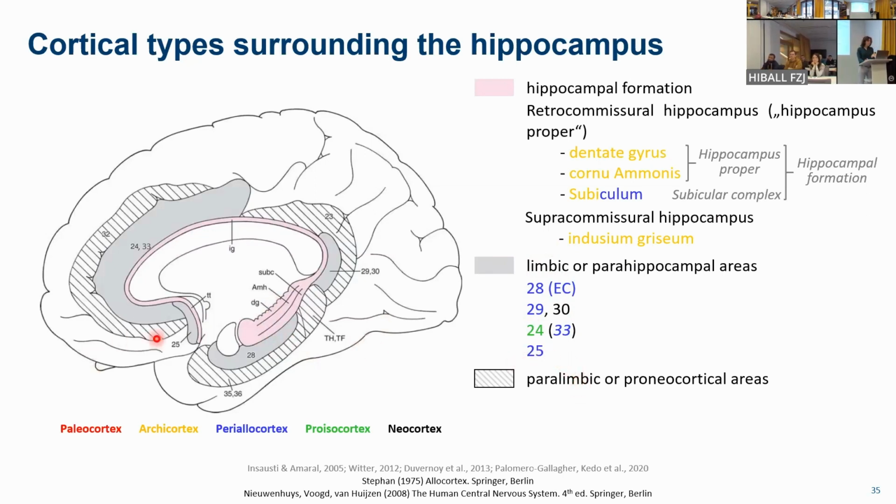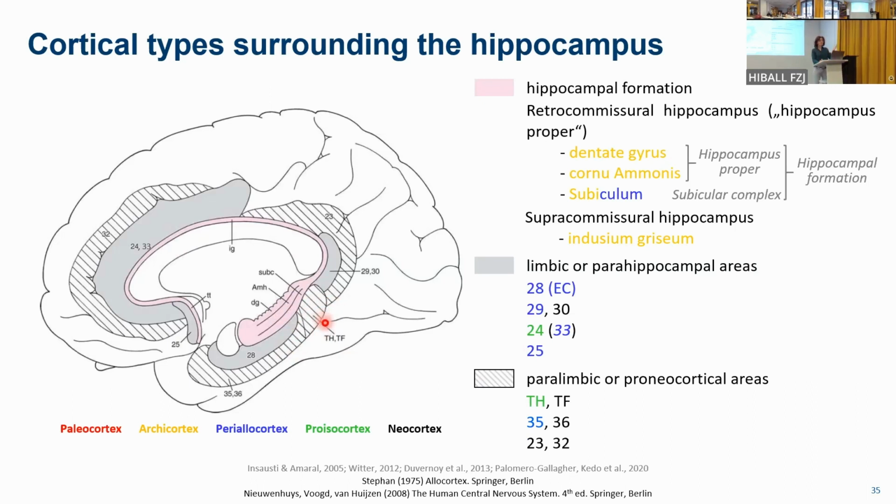We've got area 25, which is located here at the front. So if you want to include the indusium griseum in your definition of hippocampus, it abuts area 25. It's periallocortex. And then here at the back, we've got TH and TF. This is interesting.